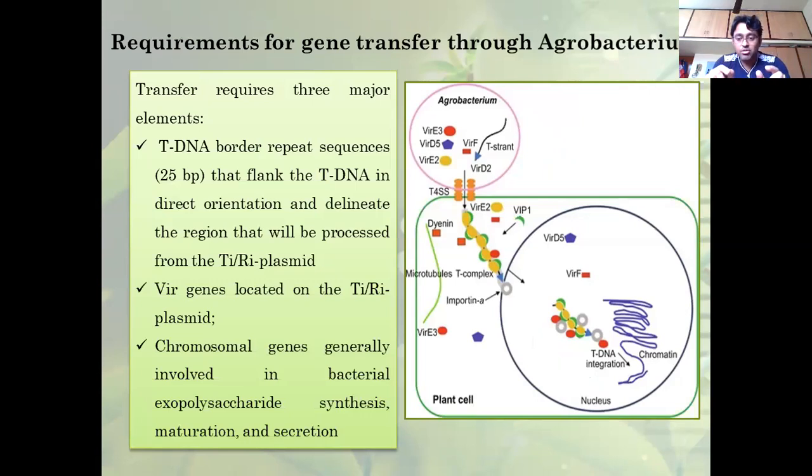So these opine, auxin and cytokinin genes are present within the tDNA, and once the tDNA is integrated, they resume their function. Overproduction of auxin can induce root formation. Higher production of cytokinin induces crown gall formation and shoot multiplication.